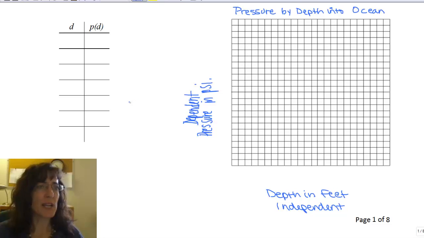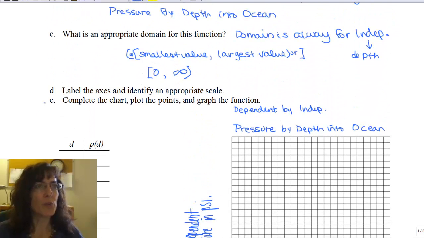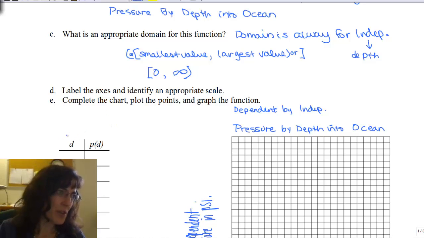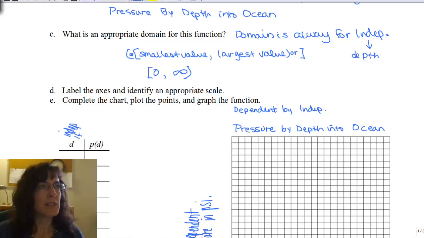Now, just as before, we're going to create an XY table, and we're looking at depth here. And remember, that's our independent variable, and it is in feet. And I might just want to put the word depth there to help me remember.